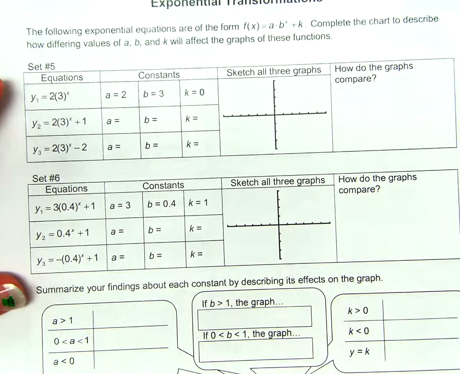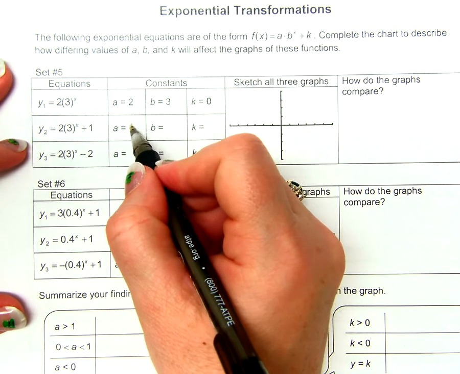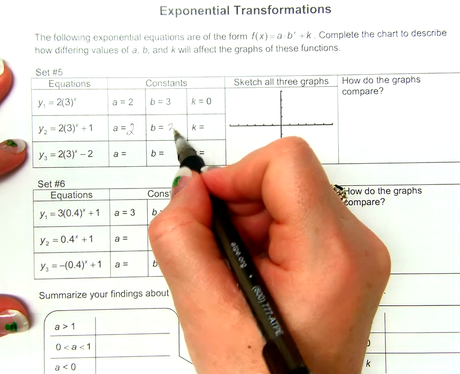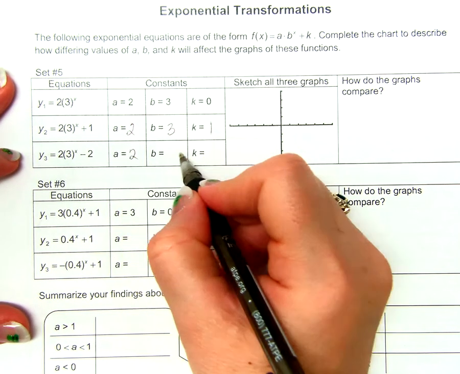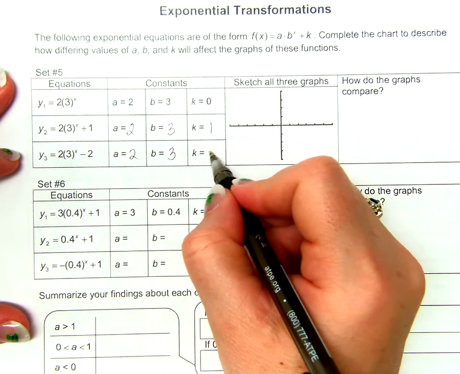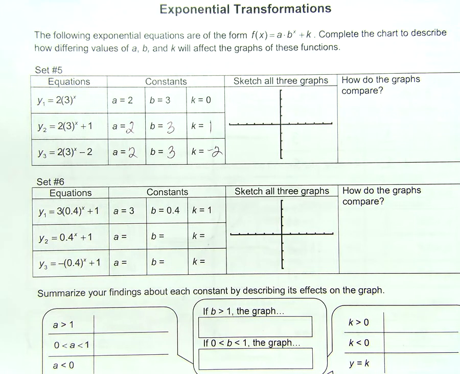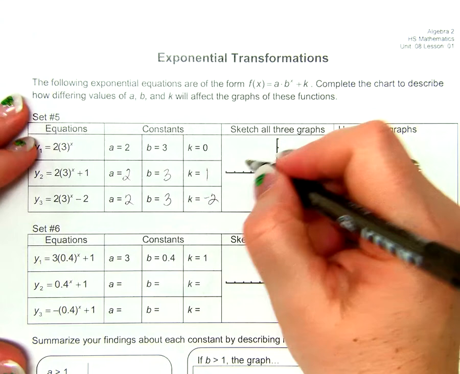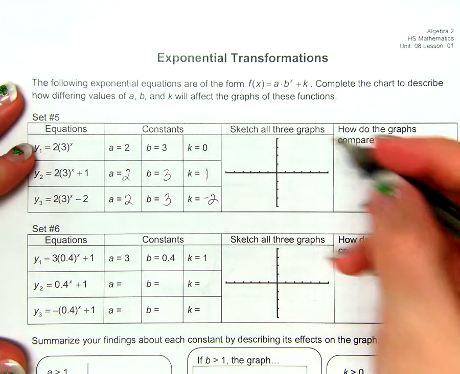Okay, so what's different about set 5? What did you get here? What does K typically do? So it's a shift up or down.